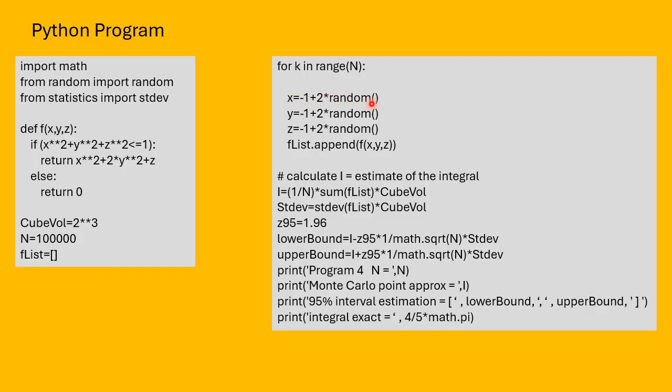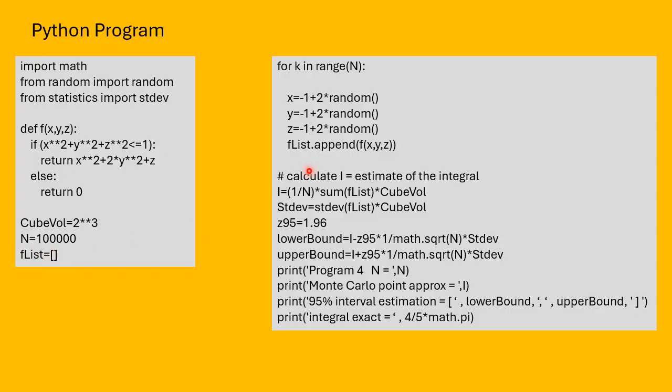So the values of x that we get here will range somewhere between minus 1 and 1, and similarly for y and z. Once we find x, y, and z values in the cube, we'll evaluate this function, which is over here, at that point x, y, z, and we'll append it to flist. Flist initially was defined here to be an empty list.